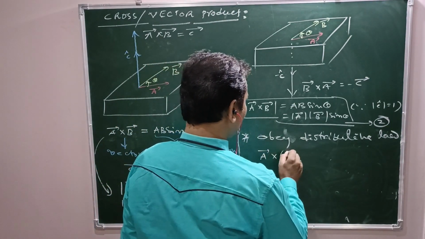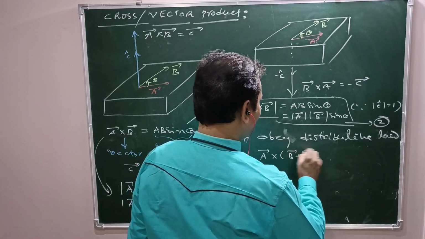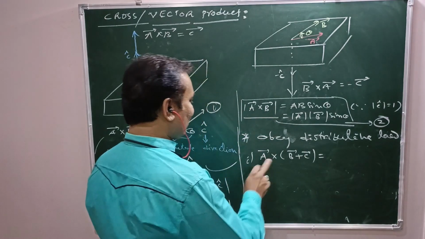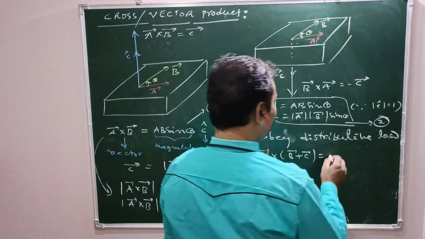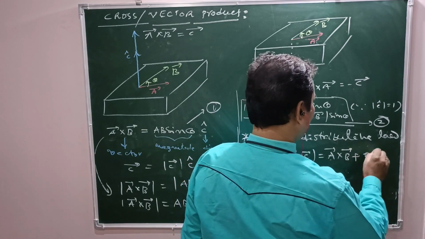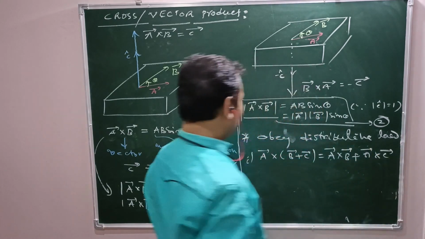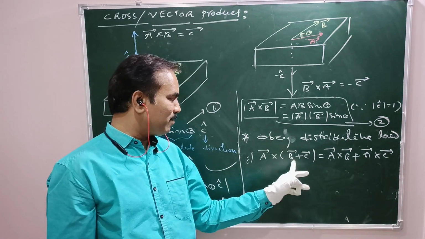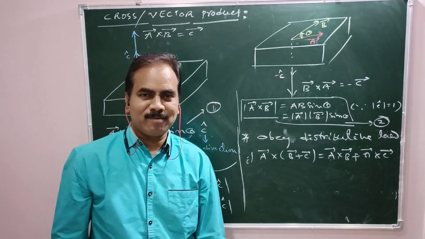A bar cross B bar plus C bar, that is, A cross B plus C, can be written as A cross B plus A cross C. So A bar cross B bar plus C bar can be written as A bar cross B bar plus A bar cross C bar. Right.